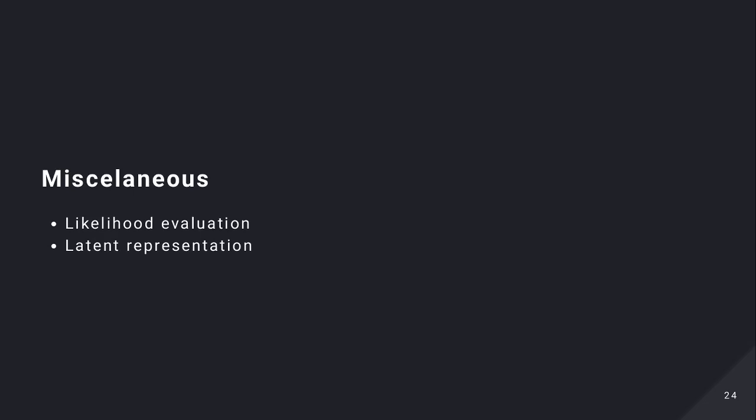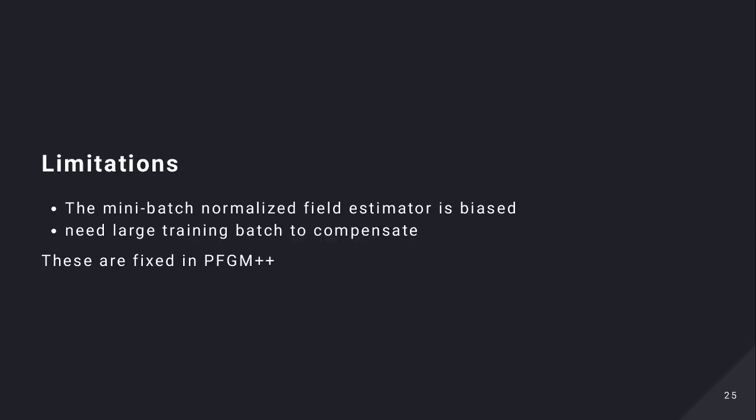Some miscellaneous, so this is just a boring slide, but we can look at the actual paper instead. They mention that it's easy to evaluate the likelihood and to directly manipulate the latent. Well, we'll discuss that more. There are some limitations. I think the biggest limitation is the way the training works.